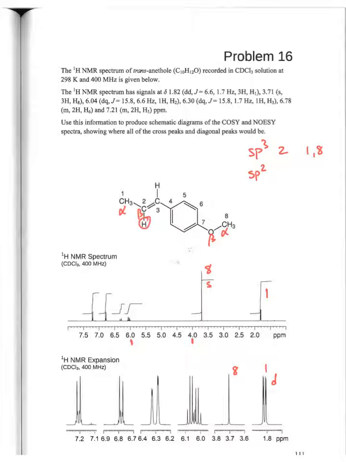So I would say 8. So of those 8, and you can just read the numbers, which ones are bearing hydrogens? So 2, 3, 5, 5 prime, 6, 6 prime. So you've differentiated of those 8, 6 have hydrogen, 2 do not.